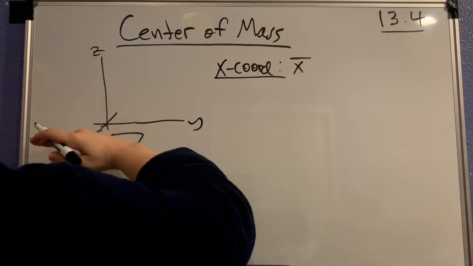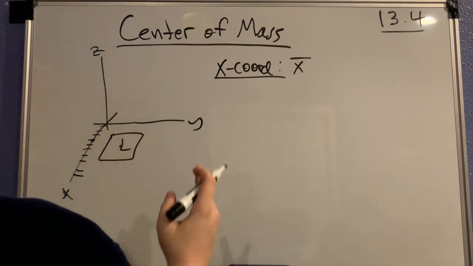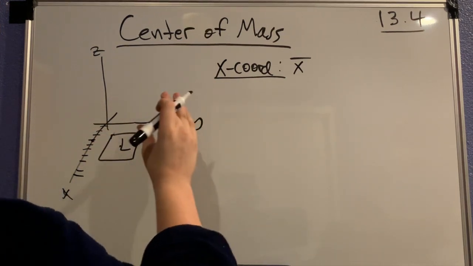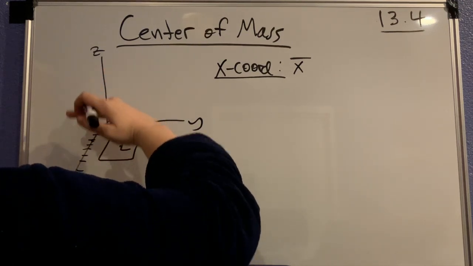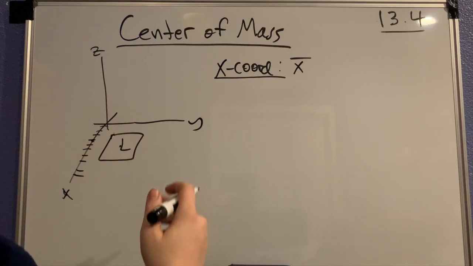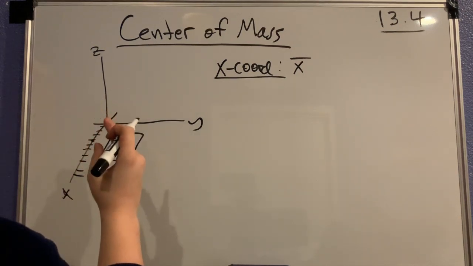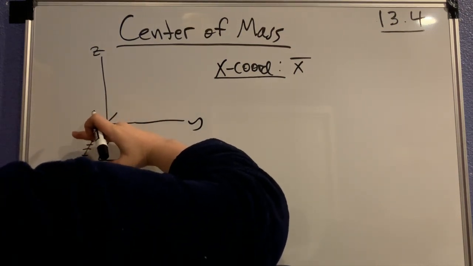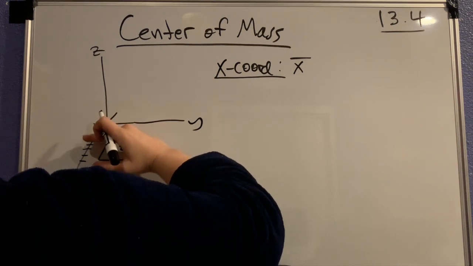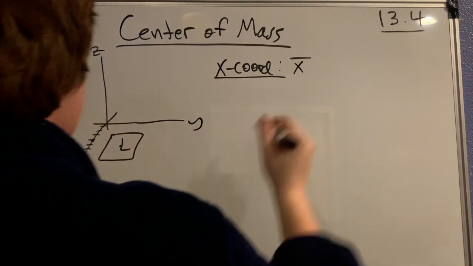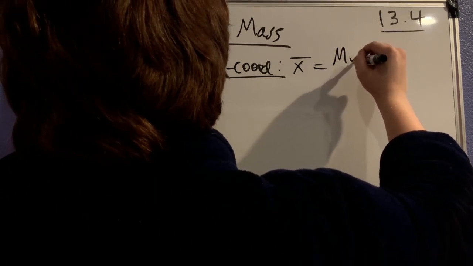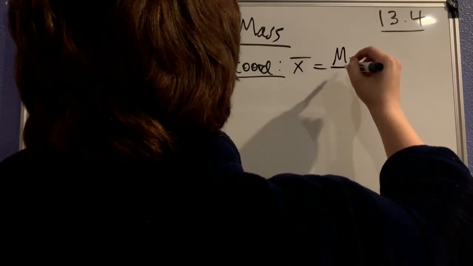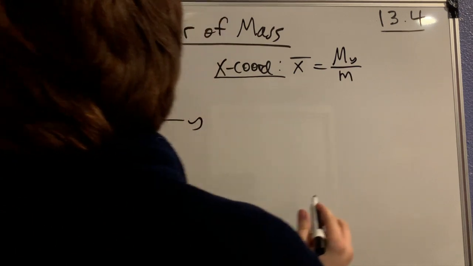And so since the moment of mass with respect to y is measured in x values, and it's the concentration of mass along all of the x's, the x-coordinate would just be the average of them, because it's the place where the mass is equal above it and below it. So this would be measured as the moment of mass with respect to the y-axis over the total mass.